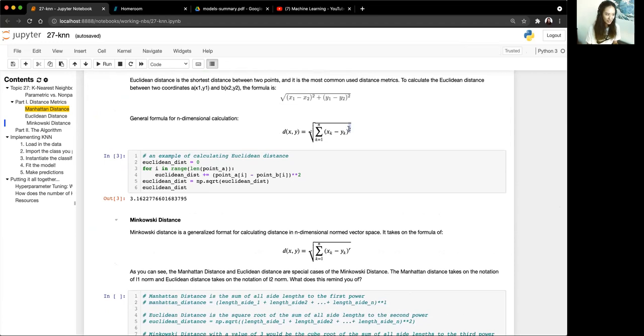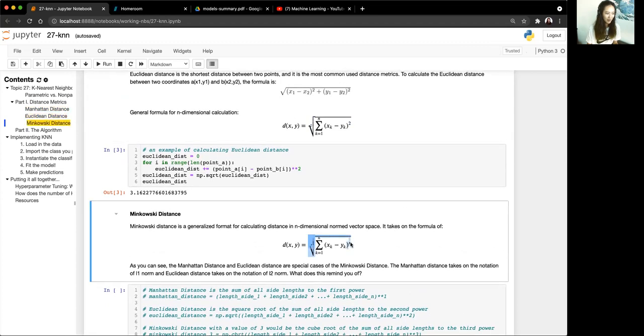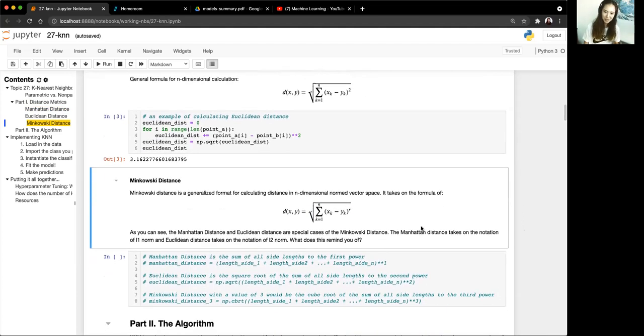The main difference is that with Euclidean distance, you raise to the power of 2, but with Minkowski distance, you can raise to the power of whatever number you want: 3, 4, 5, 6, 7. Euclidean distance is always to the power of 2. So with Minkowski distance, you can plug in 2, and that will be equivalent to Euclidean distance. But just so you know. Cool. Any questions about distance metrics?